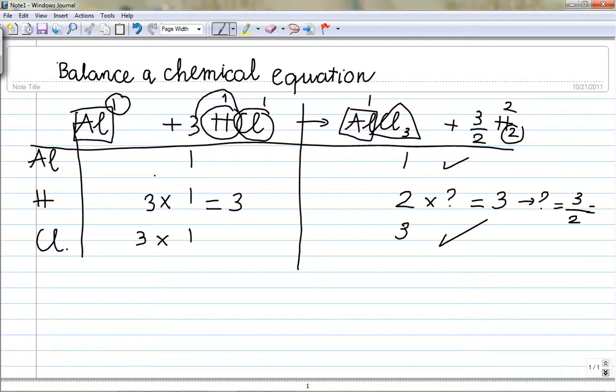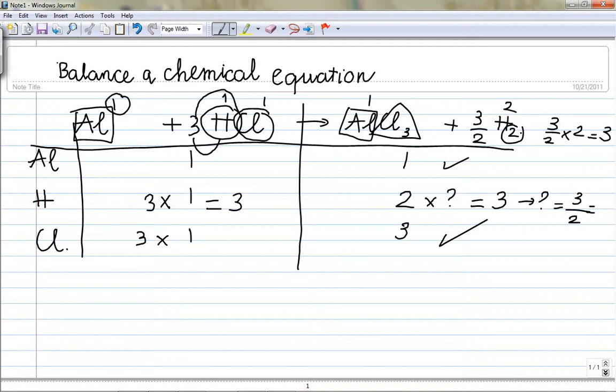Now let's recalculate again. We have 1 aluminum, looks pretty good, 3 chlorine on both sides, and 3 hydrogen on the left hand side, and 3/2 multiplied by 2, we also have 3 hydrogen on the right hand side.